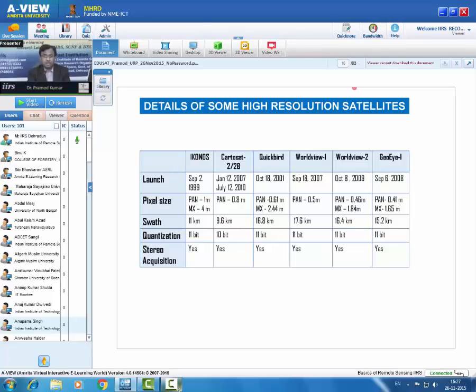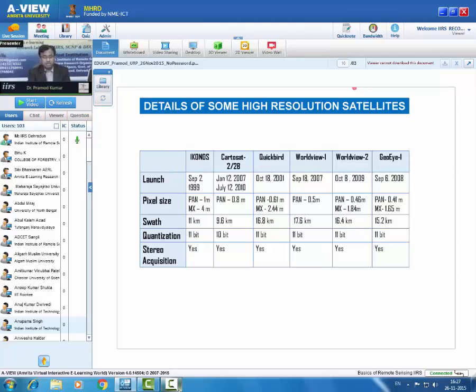Let us take one example. Ikonos, which was launched in 1999, has a panchromatic band of 1 meter, multispectral band of 4 meter, swath of 11 kilometer, quantization, and stereo acquisition. It has stereo acquisition capability.